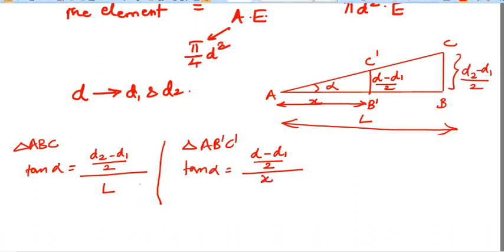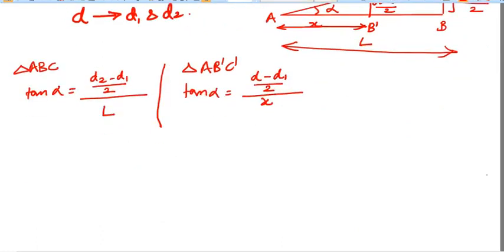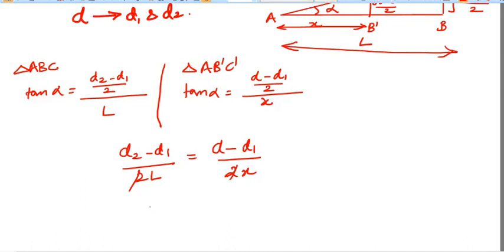Both the values are tan alpha, so I can equate both. I will be getting (D2 minus D1) by 2L is equal to (d minus D1) divided by 2x. So 2 gets cancelled, remaining I will be having d is equal to (D2 minus D1) divided by L into x plus D1.